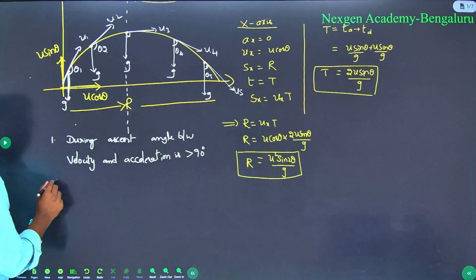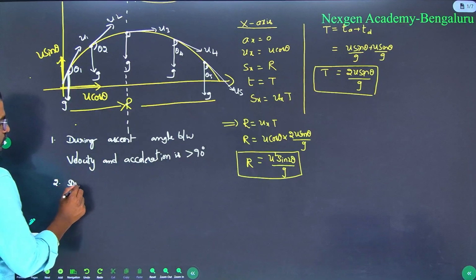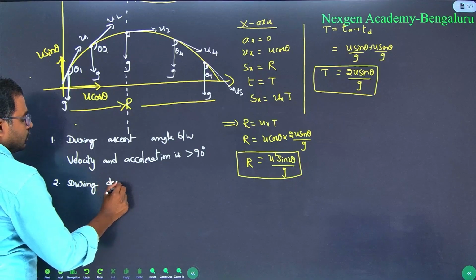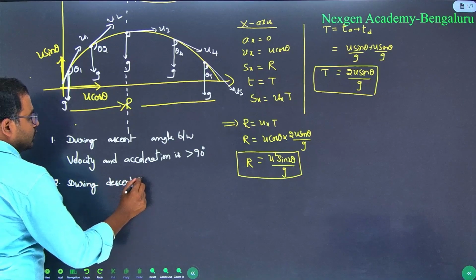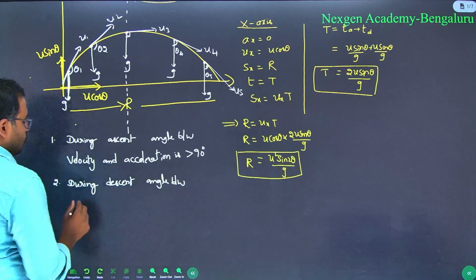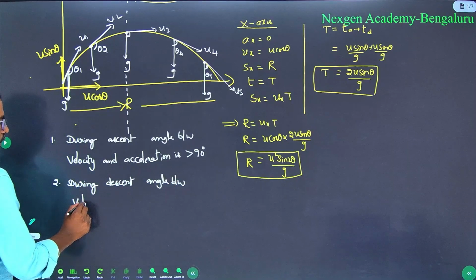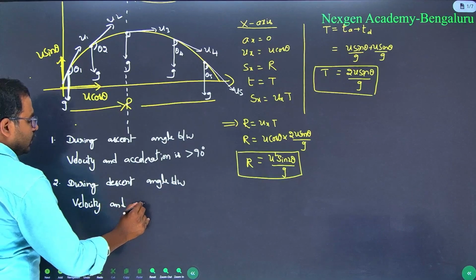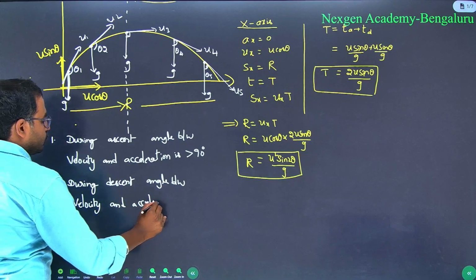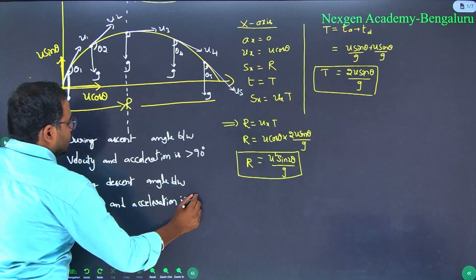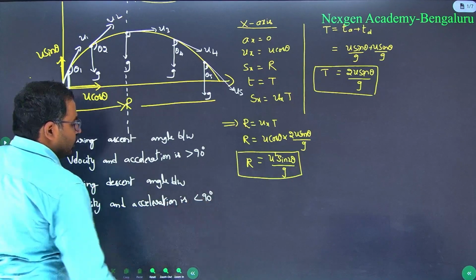Similarly, during descent, the angle between velocity and acceleration is less than 90, or we can say an acute angle.